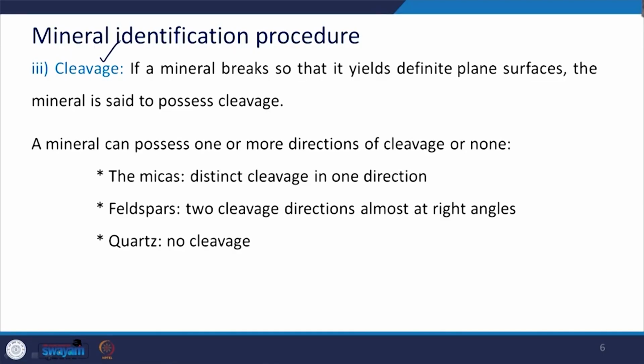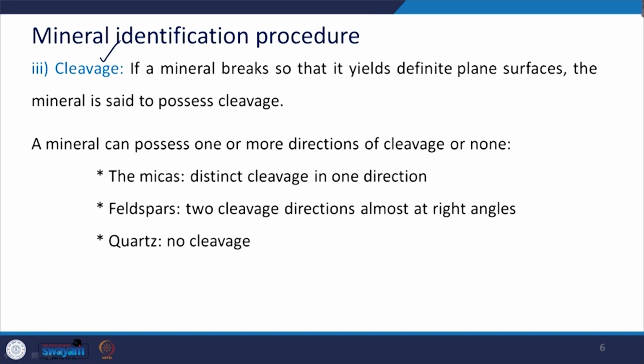Now the third procedure is cleavage. What do we mean by this? If a mineral breaks in such a manner that it yields definite plane surfaces, then the mineral is said to possess cleavage.